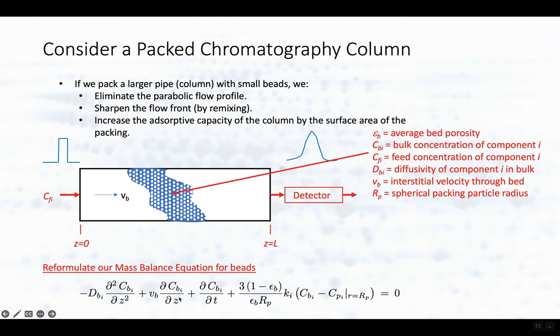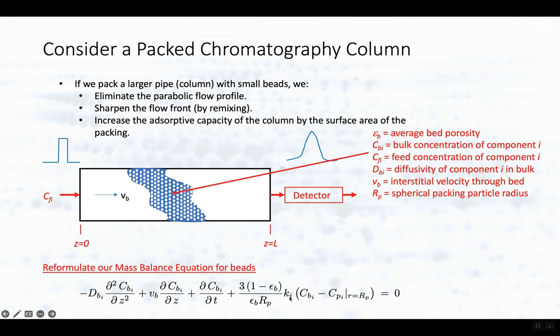Okay, we've changed things a little bit because we don't have a radial diffusion component. We're going to pick that up when we talk about the bead, so let's ignore that for now. We drop that out of this equation. But what we do have here is a loss of material to the surface of the bead through that boundary layer. That's what we pick up here.